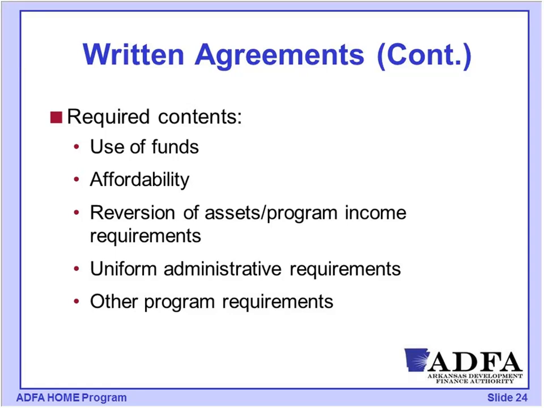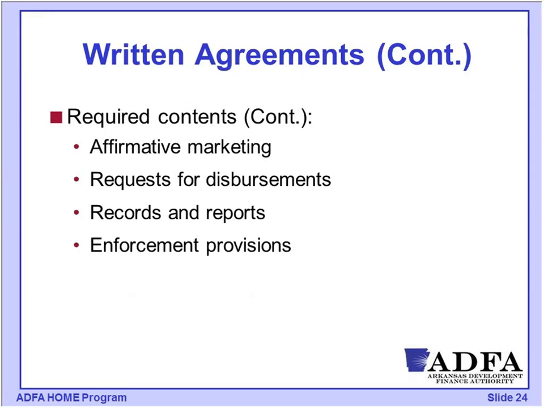We would be capturing that within our written agreement so all parties understood what the requirements would be, what the restrictions would be. And part of that will include some of those other federal requirements, things like affirmative marketing, fair housing, also the steps on how you expect a party to request disbursement.